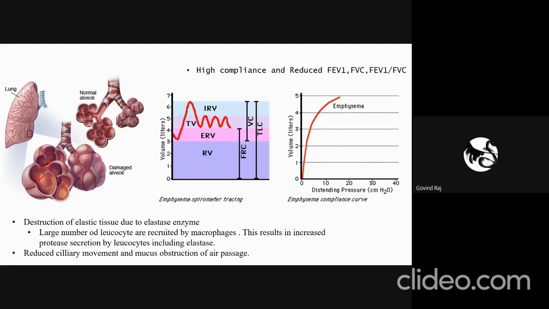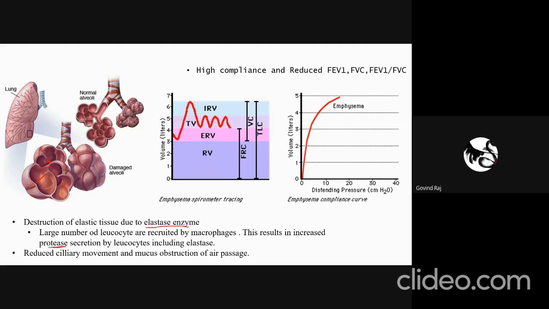A large number of leukocytes are involved in how these elastic tissues get destroyed. This is mainly due to an enzyme known as elastase. Elastase cleaves the elastic tissues, and it is functionally a protease.